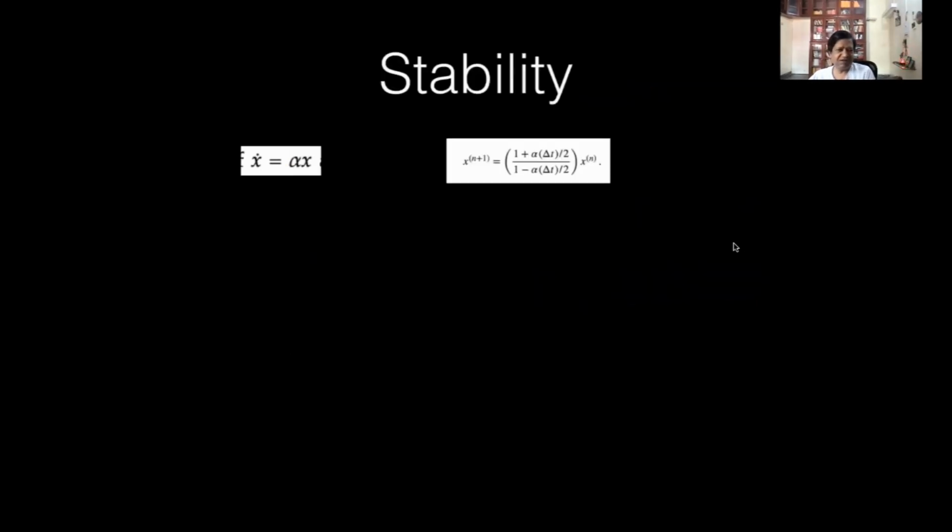So what about stability? It's quite easy to see that if you have x dot equals alpha x with alpha negative, then we get xn plus 1 as this. And this one is for alpha negative. You can see the denominator is greater than 1. Right? Minus alpha delta t will be positive. So the denominator is greater than 1, and the numerator is less than 1 because alpha is negative.